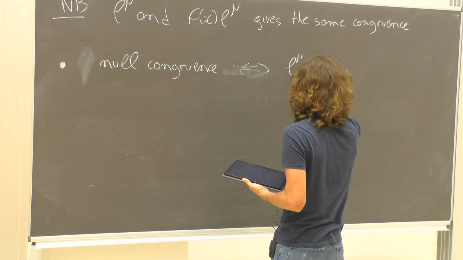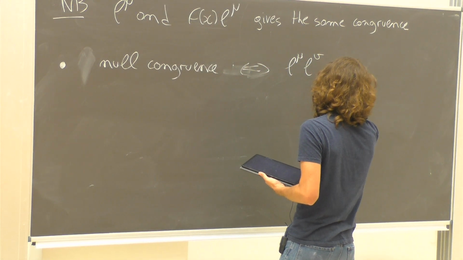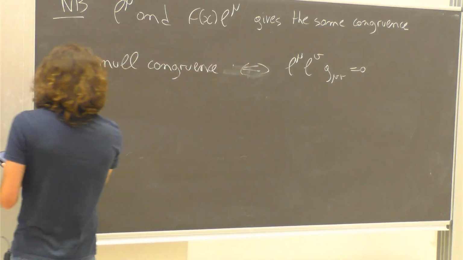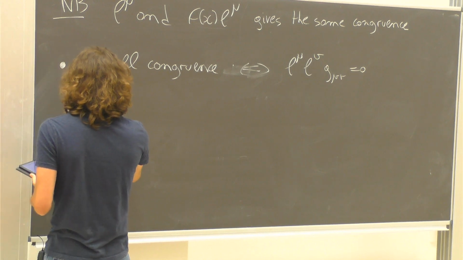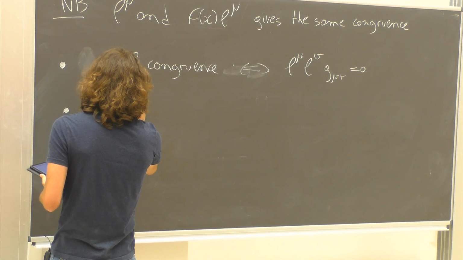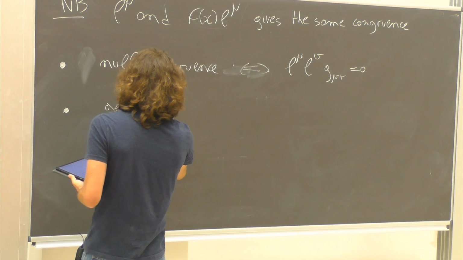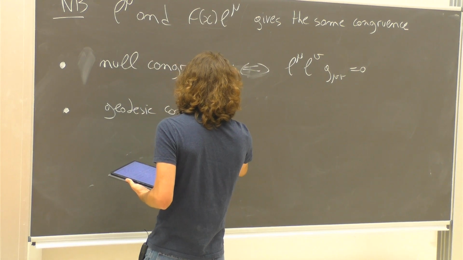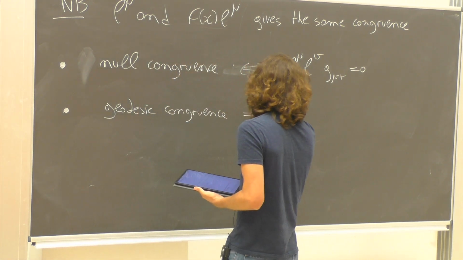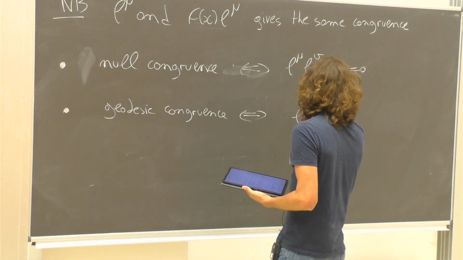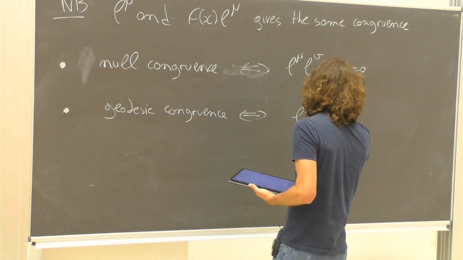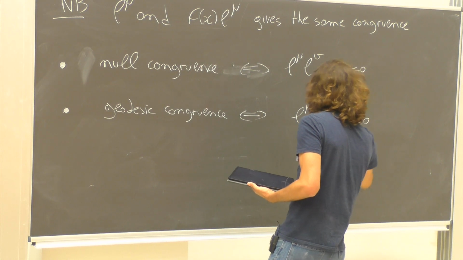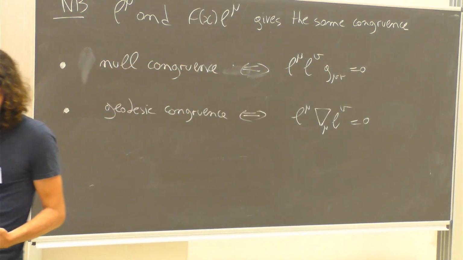So L mu L mu equals 0. And a geodesic congruence would be a congruence generated by a geodesic vector field.